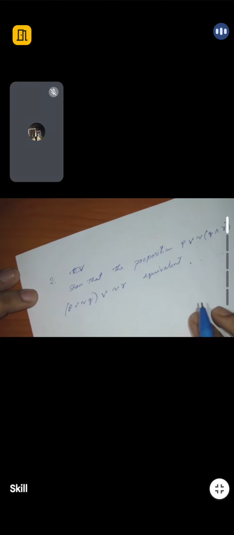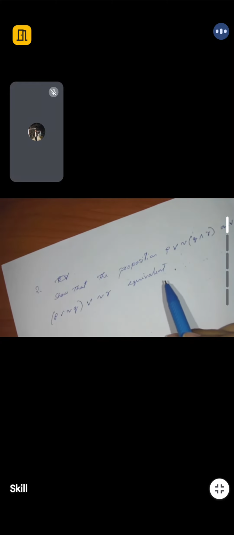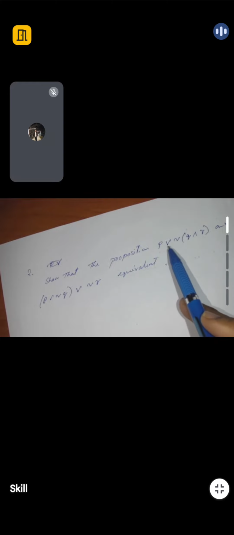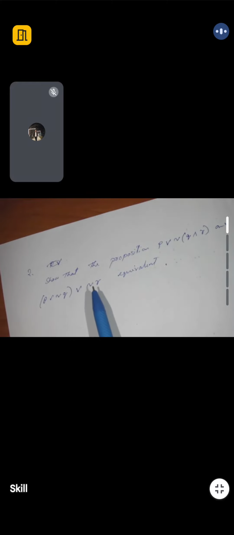Can somebody explain the question? Actually what I'm saying is that this truth table will give some output, and this expression will also give an output. So both outputs on the right side will be equivalent. We have to prove that. Just try to do that.